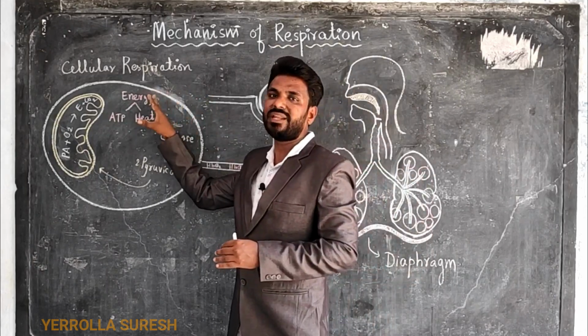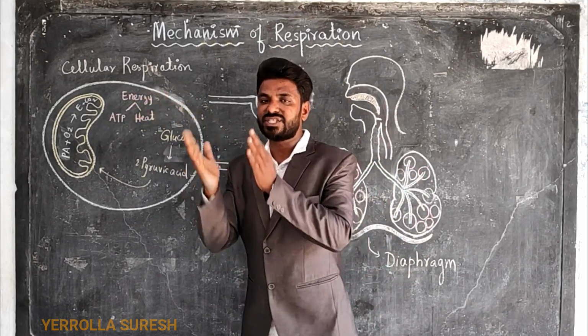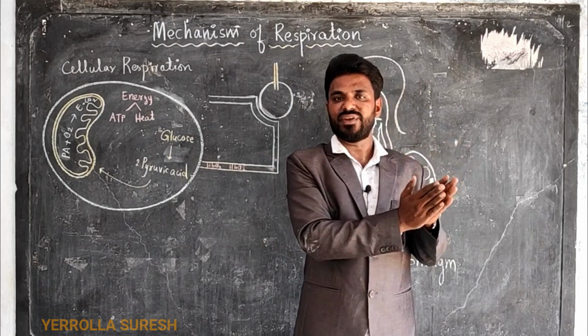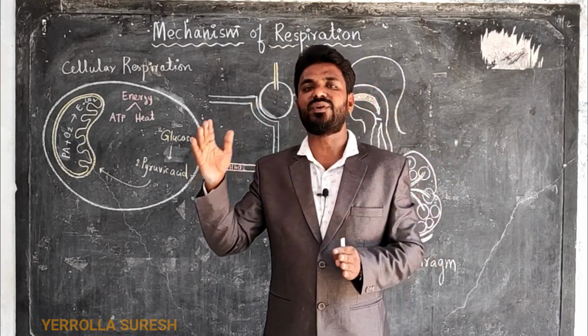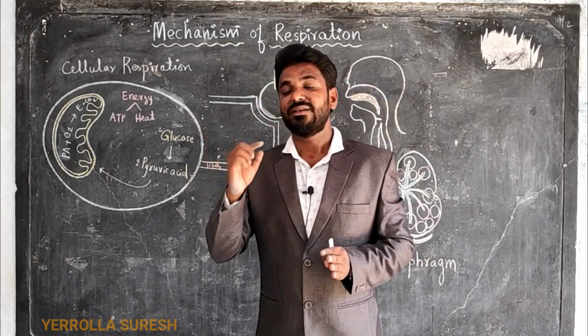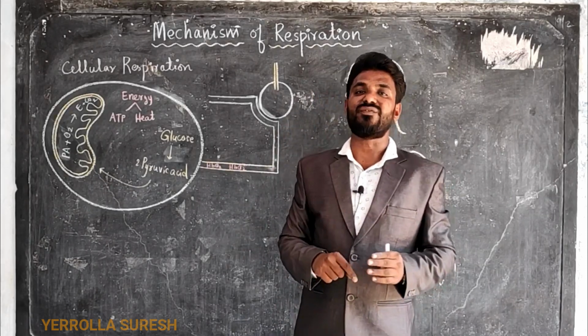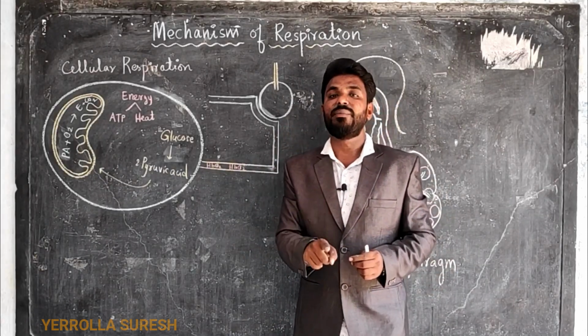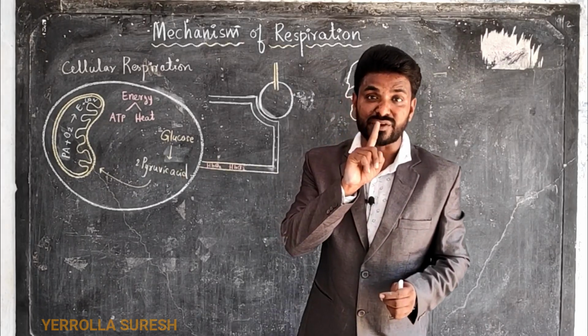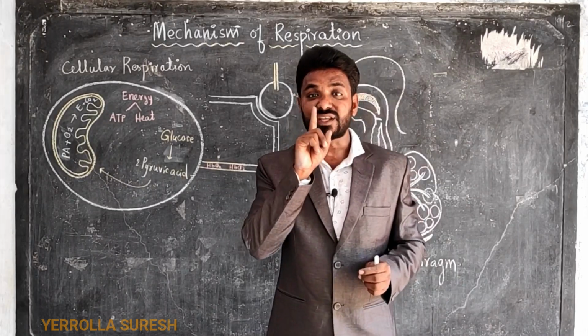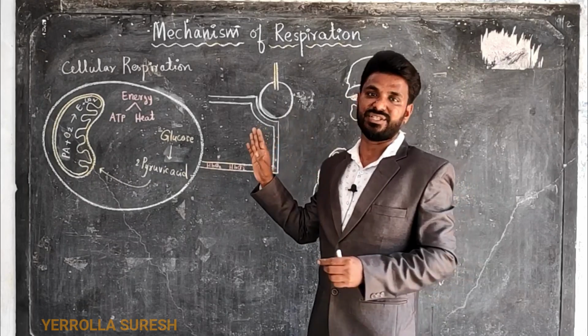So out of this total energy, some energy is stored in the form of ATP, and some energy is released in the form of heat. A small portion of that heat is continuously released out during exhalation. We can feel that by keeping a finger at the tip of the nose, and we feel the release of energy in the form of heat during exhalation.